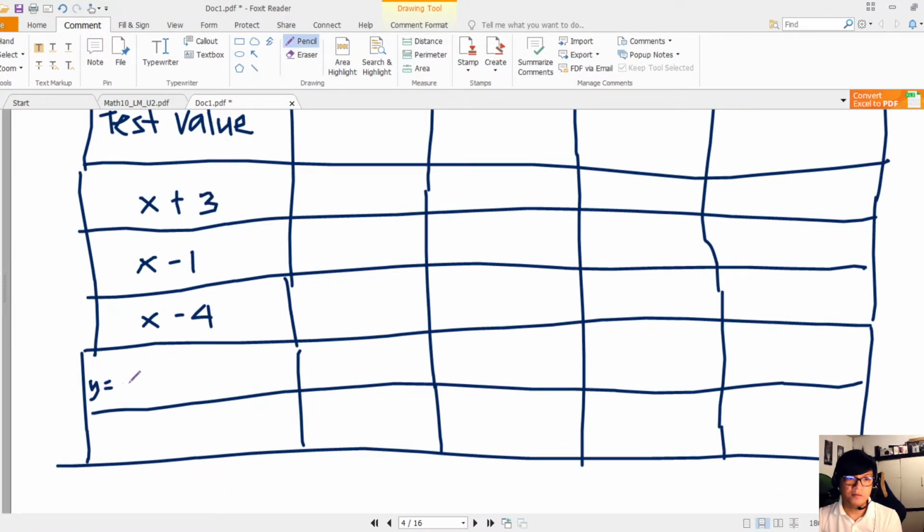We have negative x plus 3, x minus 1, x minus 4, yung factored form na lagay natin dito. Yan. Tapos dito yung position of the graph relative to the x-axis.